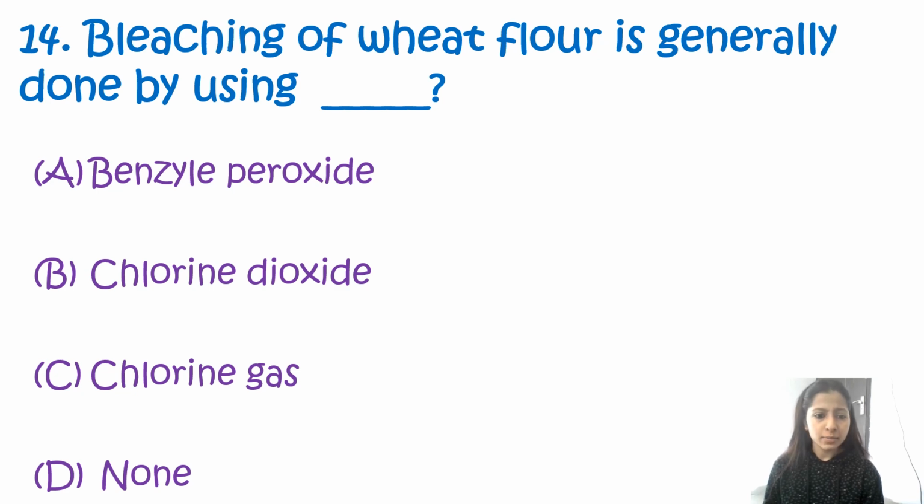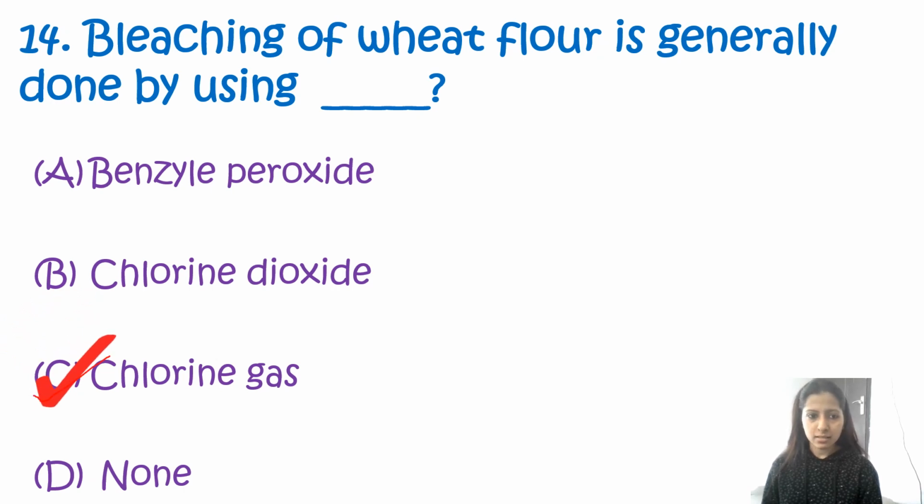The process of bleaching of the wheat flour is done to improve its baking properties, or to make the wheat look more whitish, or to remove some of the nutrients from the wheat. So the correct option will be option number C, that is chlorine gas.